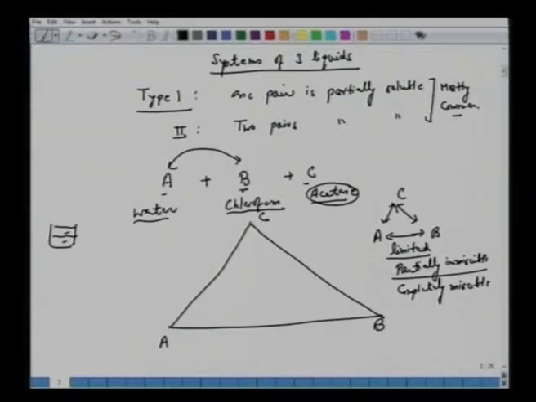So going back to this equilateral graph, there are lines parallel to AB, parallel to AC, and parallel to BC here. Now when A and B are partially miscible, then we have a phase diagram like this. Now we say that A and C are completely miscible.